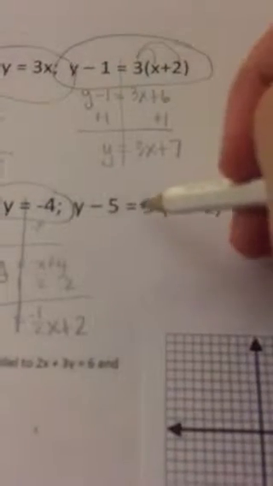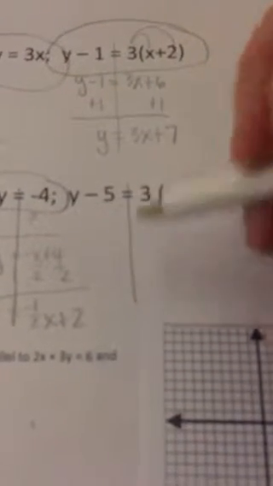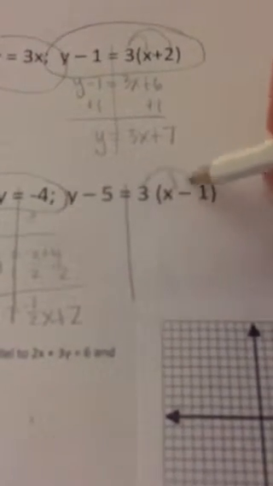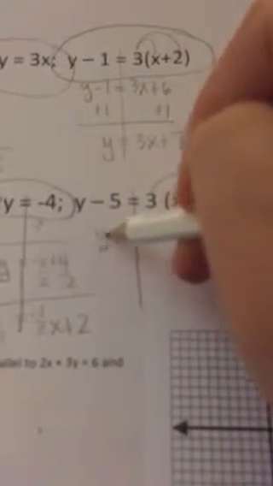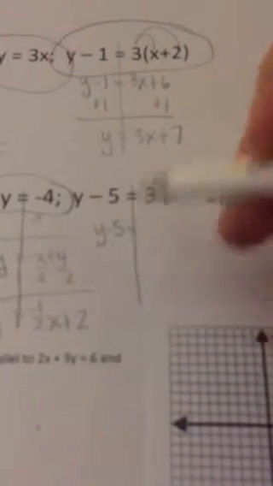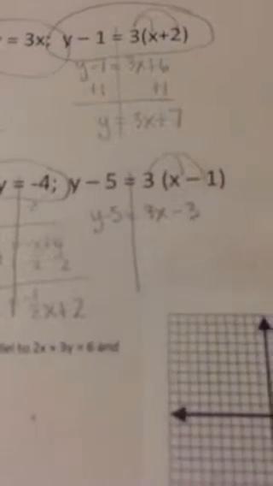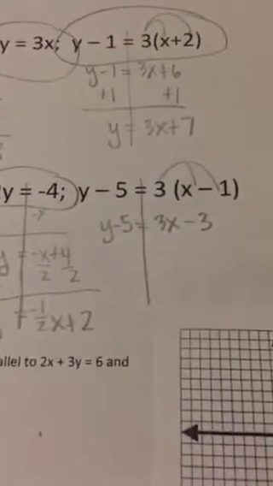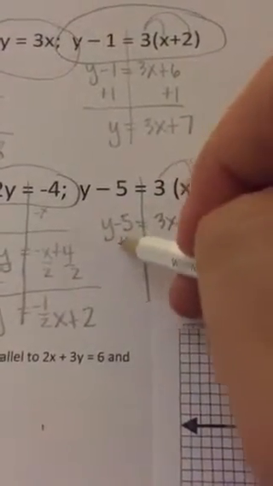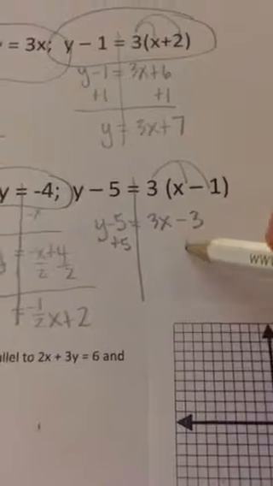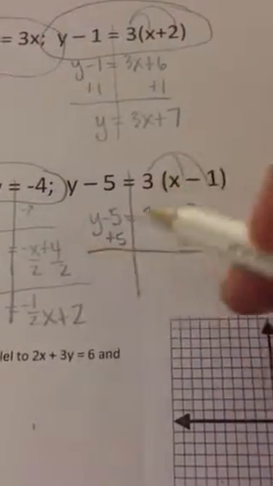And then when I look at this last one, it's got a little bit of work to do on it as well. Need to distribute here. So I have y minus 5 equals 3 times x is 3x, and then 3 times negative 1 is negative 3. And then I'm going to add 5 to both sides.